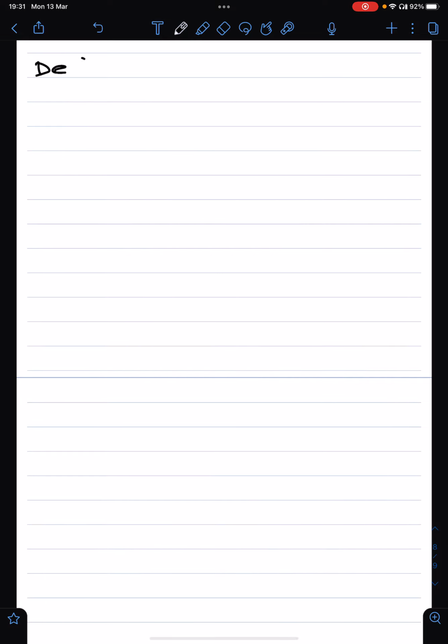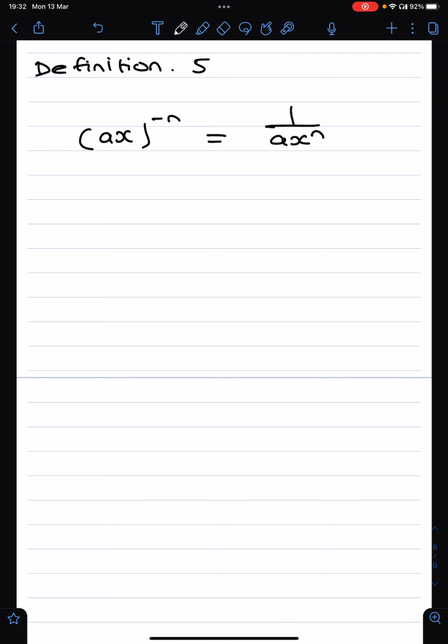Definition 5. If I have a bracket ax to the power of negative n, then this entire bracket will go to the denominator of a fraction, since the negative n is associated with both the a and the x.